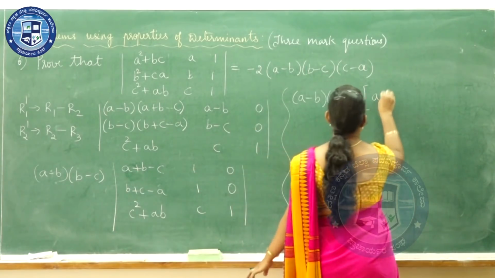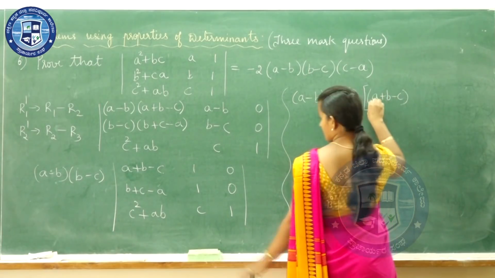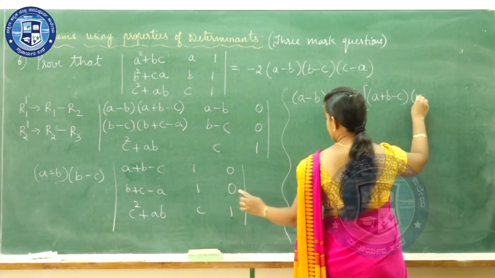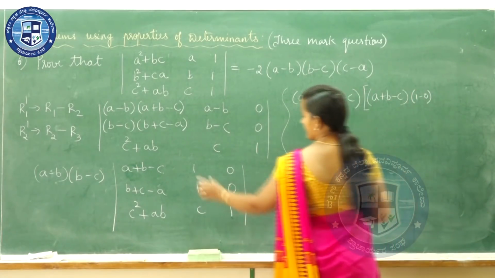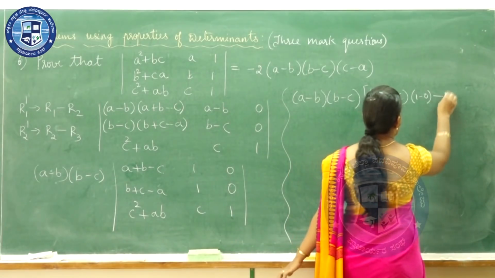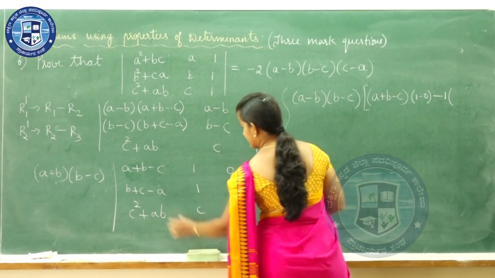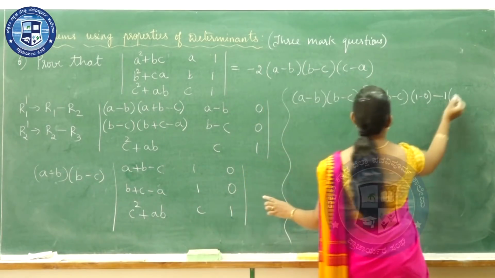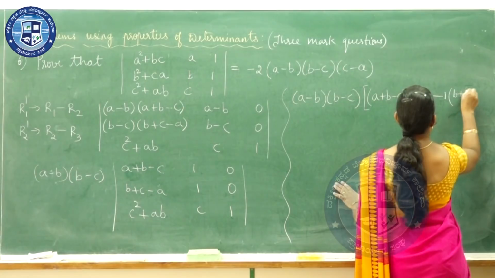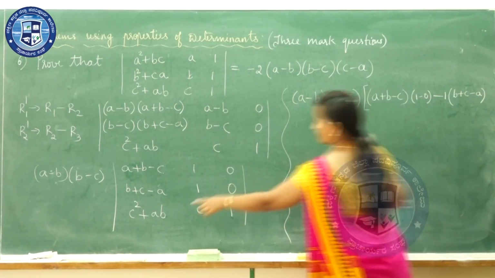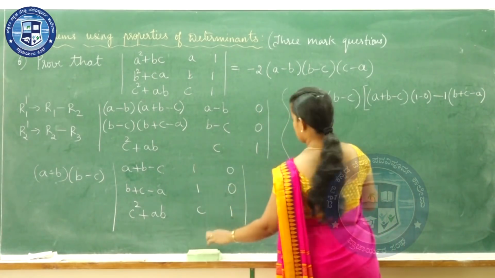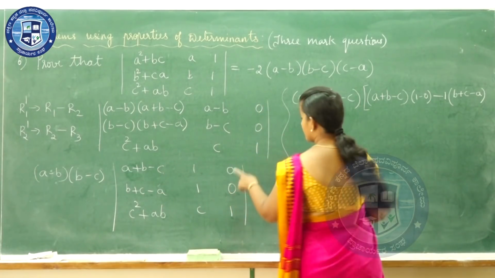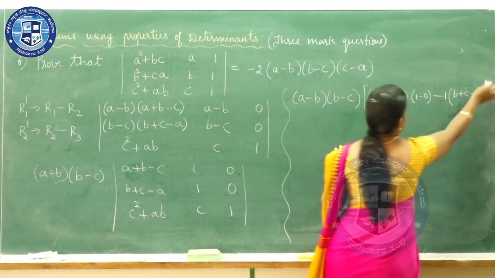First one as it is A plus B minus C into 1 into 1 is 1 minus C into 0 is 0. Then change the sign of this, minus 1 into, delete this into this, minus 0. So you will have B plus C minus A, then minus 0, no use. Then the last term is 0 into anything, that is 0.